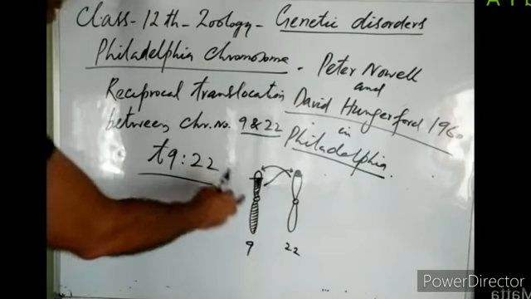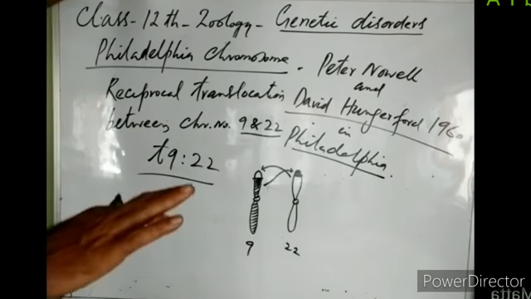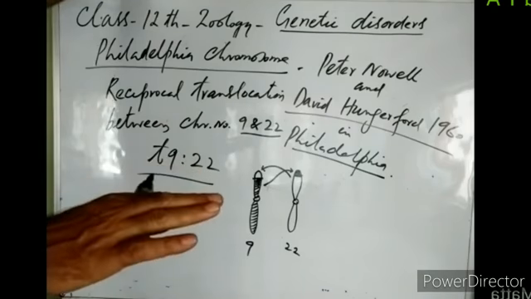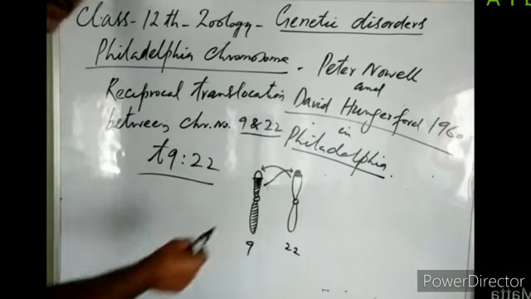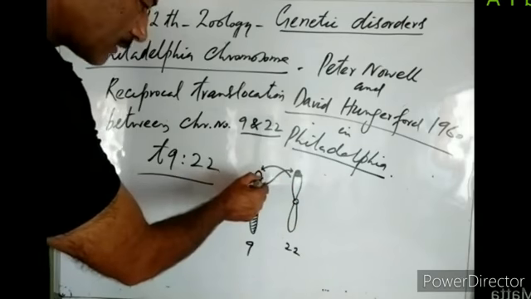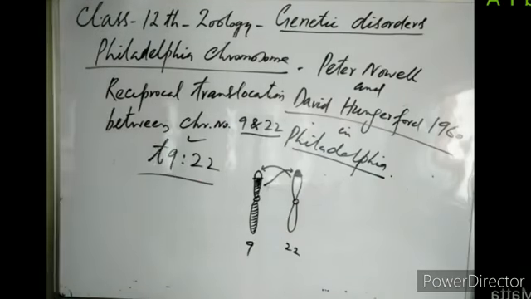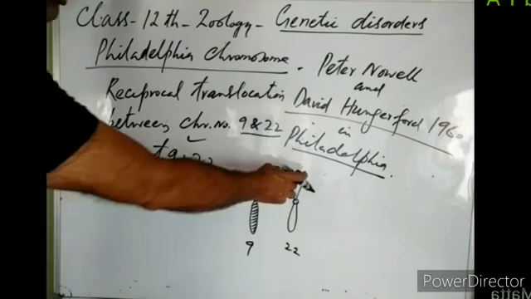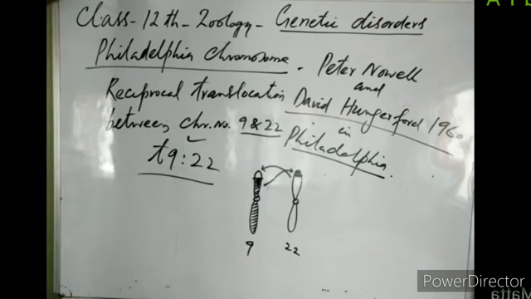Both the chromosomes suffer deletion at first. Then those cut parts are exchanged between chromosome number 9 and chromosome number 22. So we designate it as t(9;22). It gives a part to this chromosome and this chromosome gives a part to that chromosome. So this is written as t(9;22).